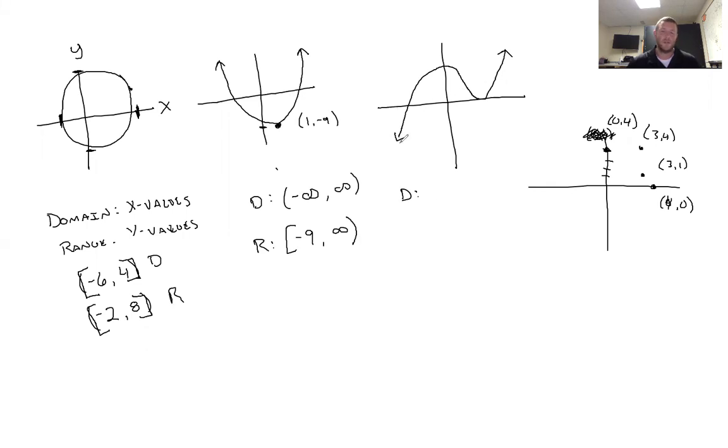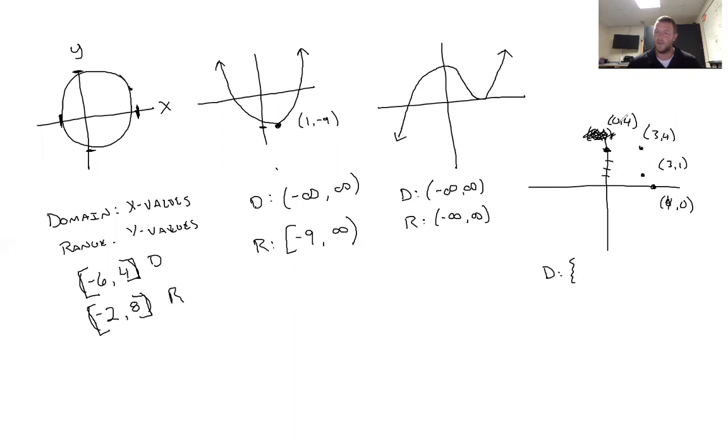Okay, domain, there's arrows on the end, and it'll always go down forever, always go up forever, it'll always go left forever, always go right forever. Okay, so it's going to be -infinity to infinity, and then range will be the same thing. Again, this one, domain, the x values. Okay, so it's going to be a set of points since it's not a graph.